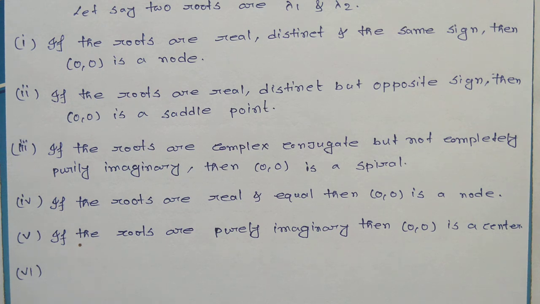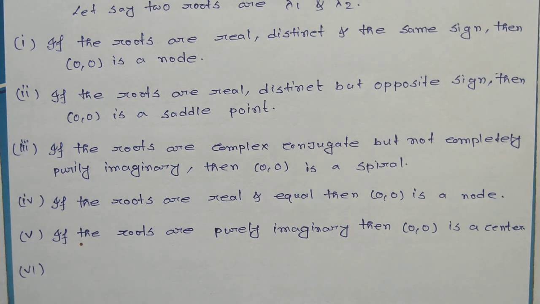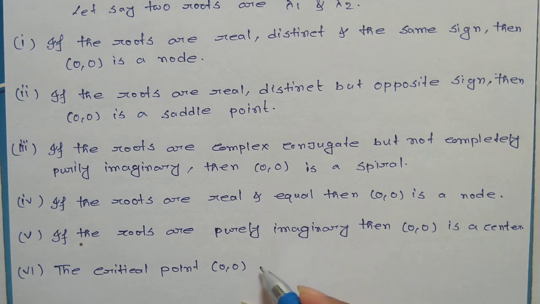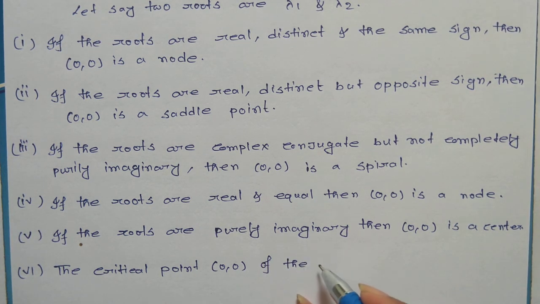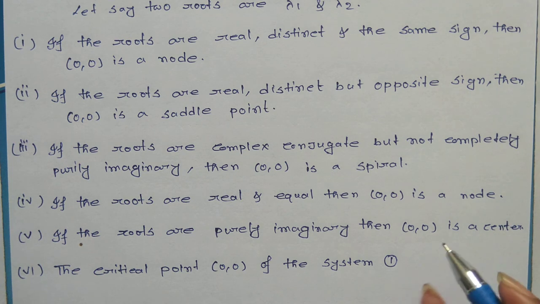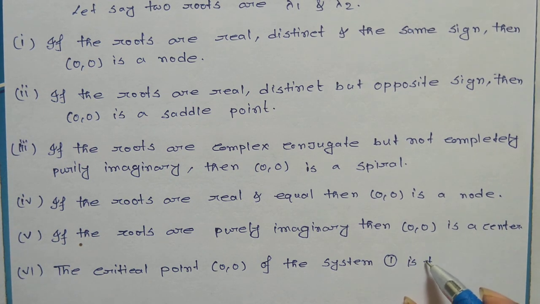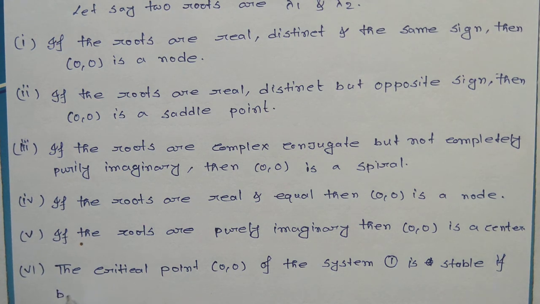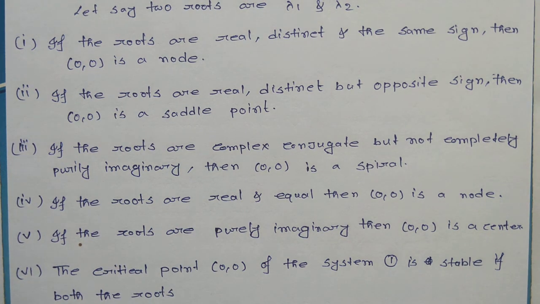the critical point (0,0) of the system 1 is stable if both the roots have non-positive real parts.